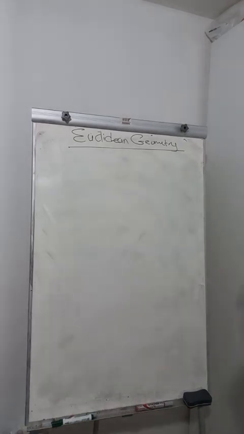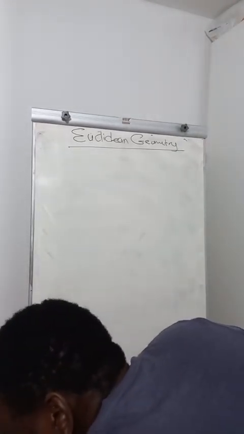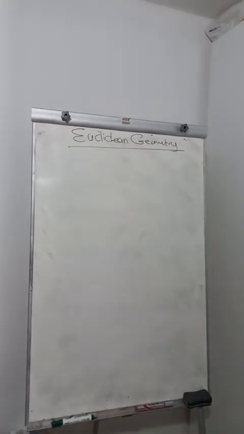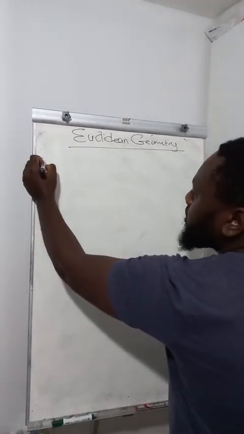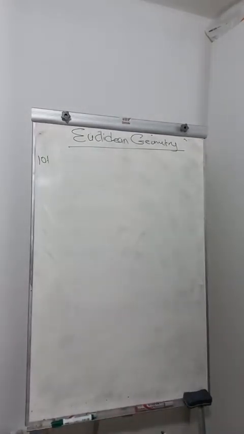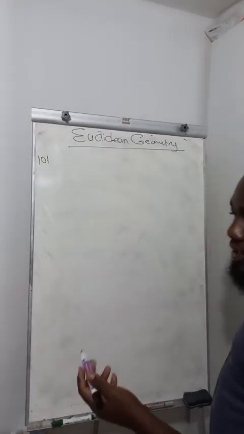So maybe I can just try to write the question. In most cases in Euclidean geometry, you'll be asked to complete statements. There's a question which I'm seeing. It says: complete the statement so that it can be valid.